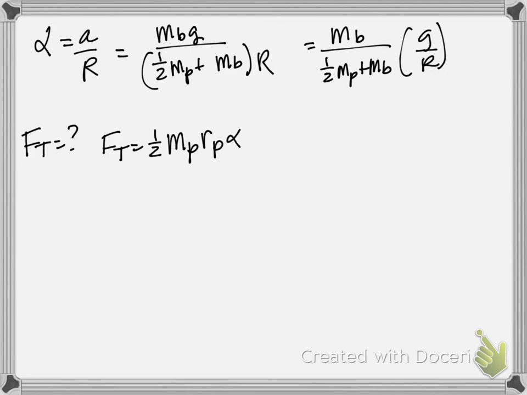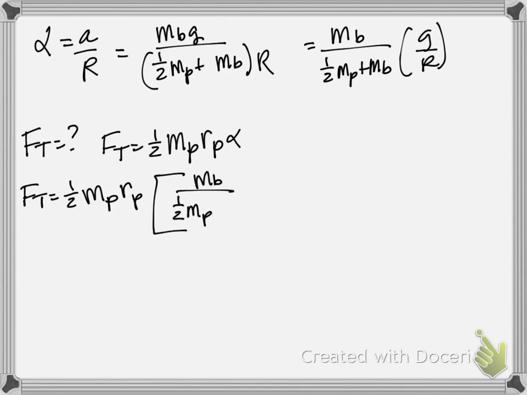So I'm going to substitute alpha in here. FT equals 1/2 the mass of the pulley, the radius of the pulley, times alpha, which is mb over 1/2 mp plus mb, and then over here I have my g over r, which is sort of satisfying because now that r can go away.